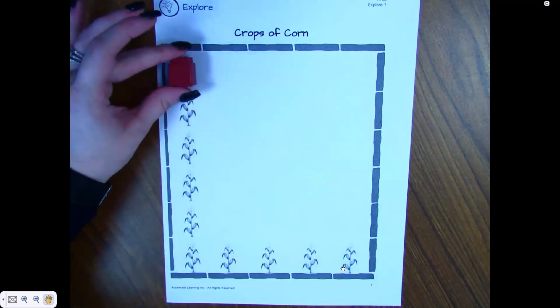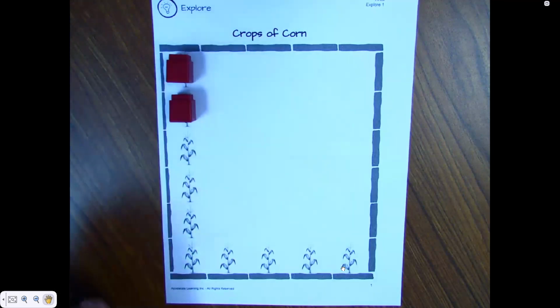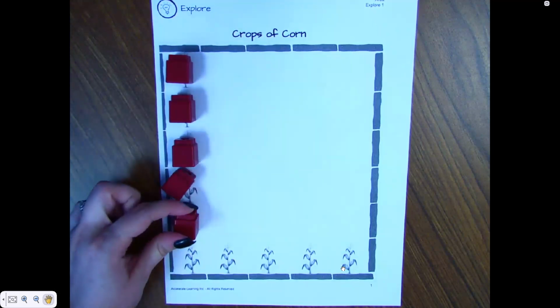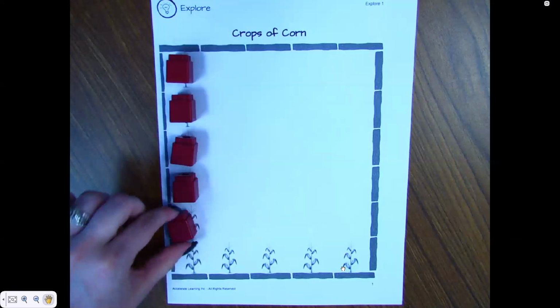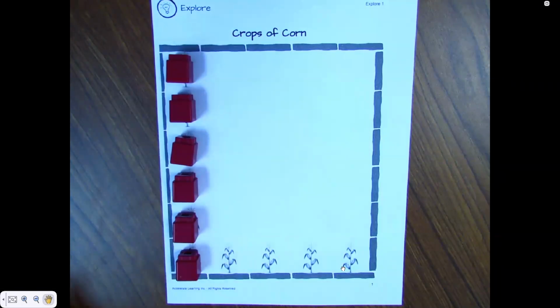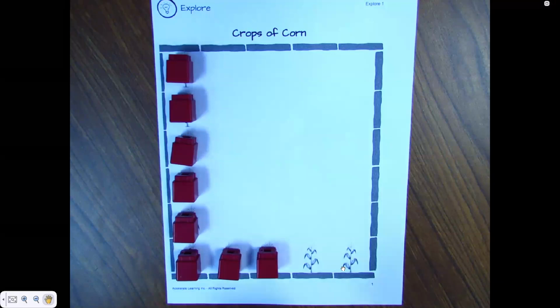So I have 1, so I'm going to just cover up the corn. 2, 3, 4, 6, 1, 2, 3, 4, 5.